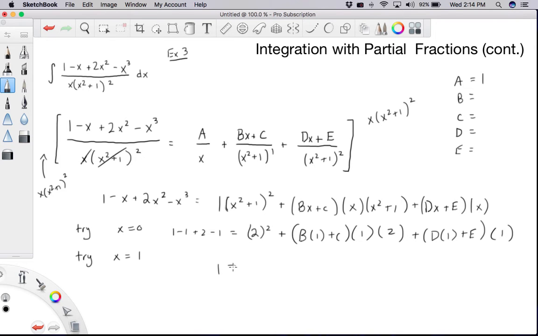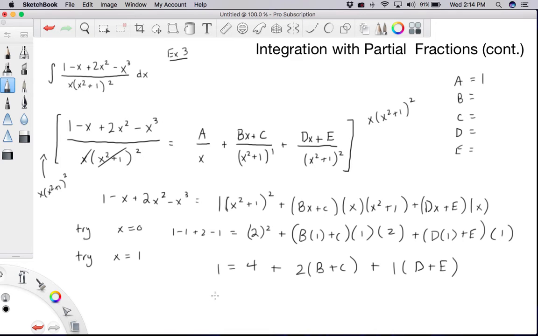On the left hand side you get 1 equals 4 plus 2 times b plus c plus 1 times d plus e.